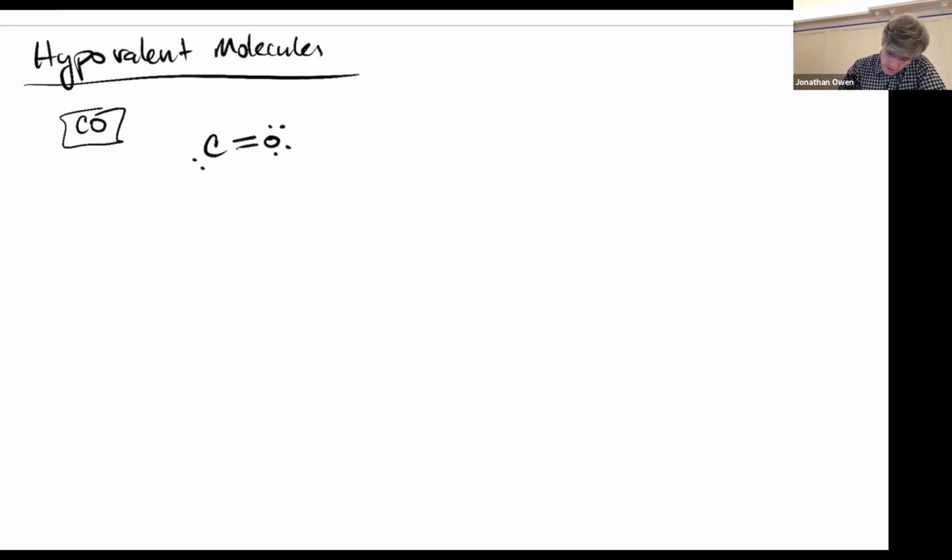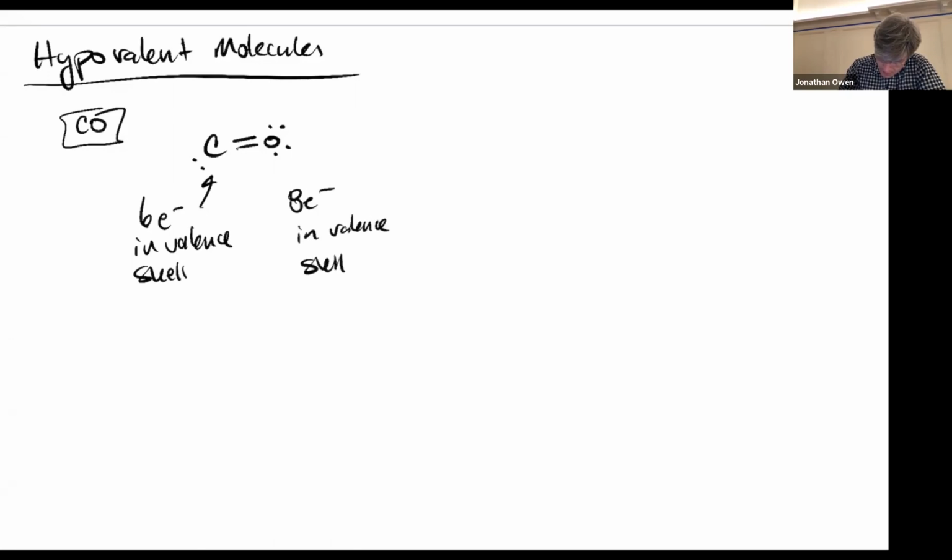So total number of valence electrons for carbon and oxygen. Carbon doesn't have enough.